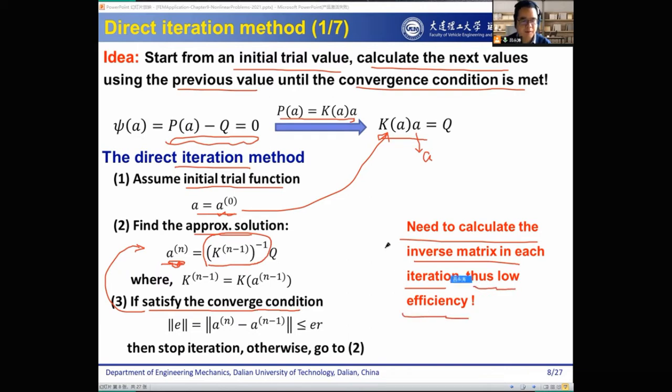We mentioned this many times, because K is a matrix in the finite element analysis, and it can be a very large matrix. For program coding, if you want to calculate the inverse, it will take a lot of computational power. Therefore, there's no efficiency here. So this is the direct iteration method.